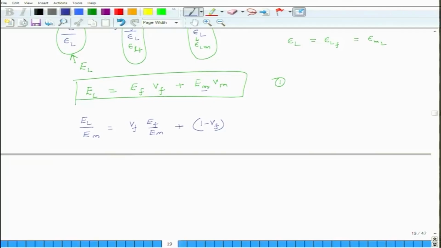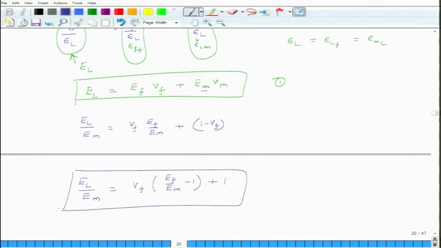So, this Em is gone, and if I rearrange I can write it as EL over EM equals, I take Vf common, EF over EM minus 1, plus 1, yeah. So, this is equation 2.